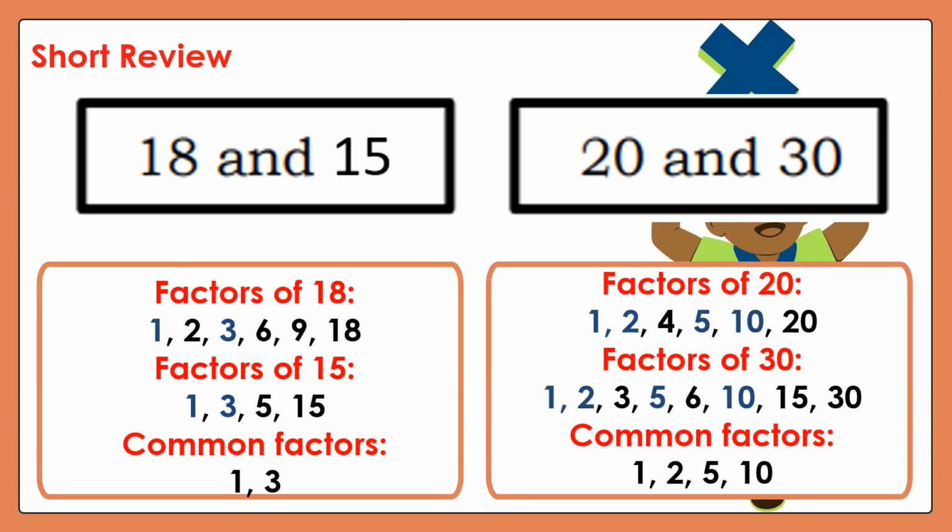Factors of 20: 1, 2, 4, 5, 10, and 20. Factors of 30: 1, 2, 3, 5, 6, 10, 15, and 30. Their common factors: 1, 2, 5, and 10.